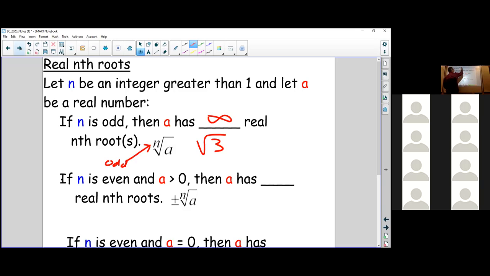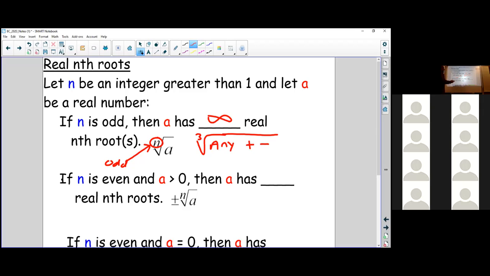I can do the third root of any number, positive or negative. So the third root of -8 is -2, because -2 times -2 times -2 is -8. So if n is an odd number, so 3, 5, 7, it's not going to be 1, but 3, 5, 7, etc., then I can take the root of a negative or a positive.